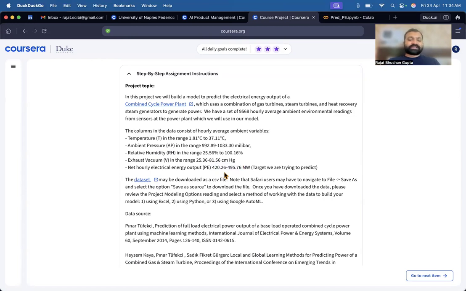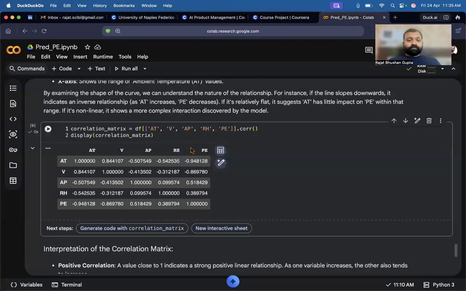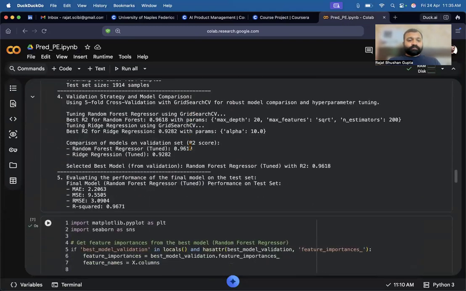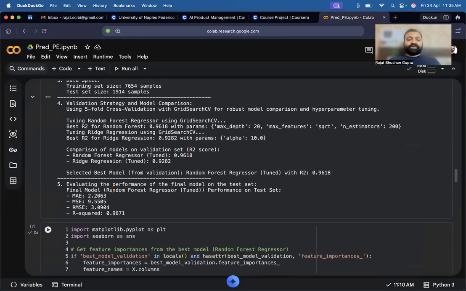We used the grid search CV to find the best combination of hyperparameters, and we narrowed down from five to two, and from two we picked the best, which was the random forest regressor.